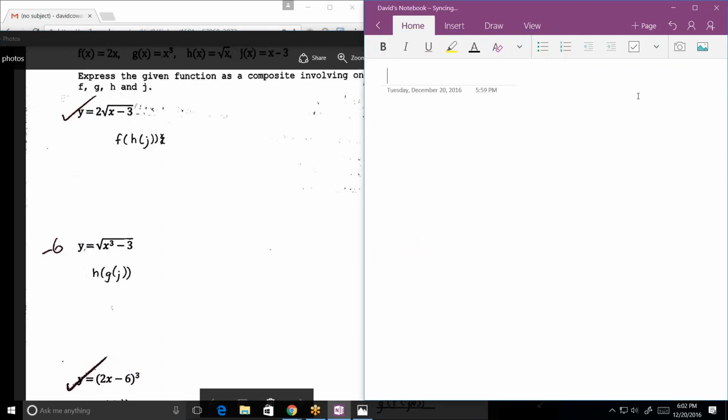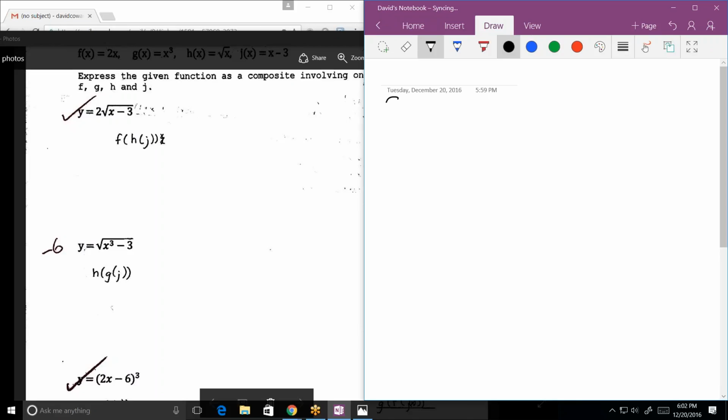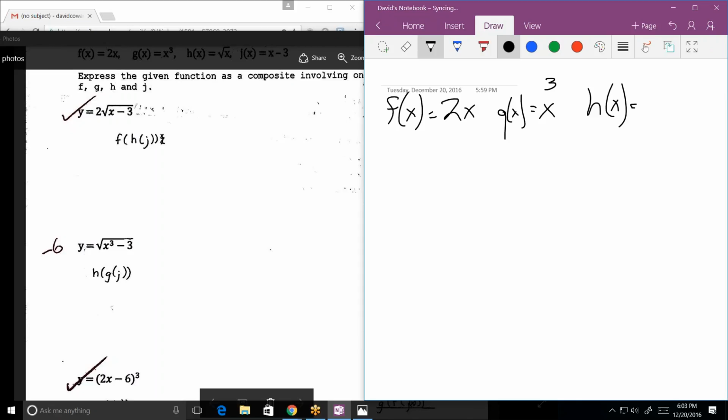Here, let's look at what our four functions are. Let me do this first on my page because they're kind of hidden. It's hard for me to see what they are. Yeah, working these backwards can be challenging, and that's what they're basically asking you to do.